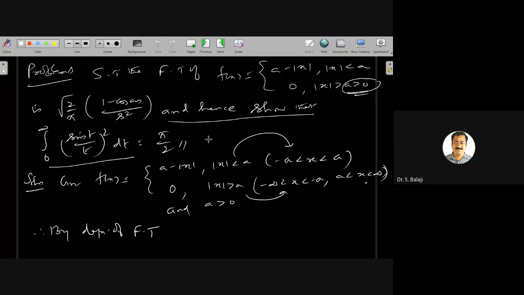At the initial level, Fourier transform is very useful to solve some definite integrals, the kind that cannot be solved in the usual manner. That type of integral can be solved easily with the help of the Fourier transform of certain functions.